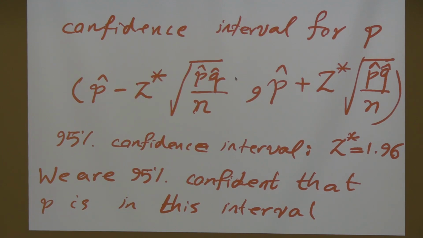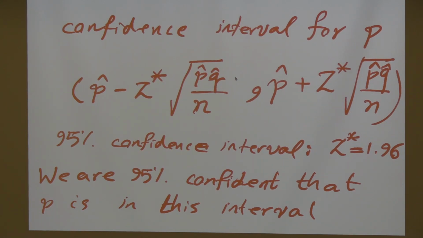Sometimes you're given a question asking which one of these sentences is correct, so you need to be careful about the wording of the question and how exactly each sentence is phrased. What I just said is not the meaning of a 95% confidence interval.